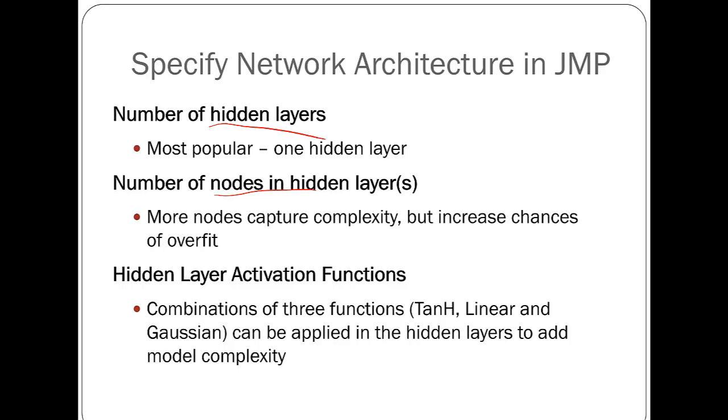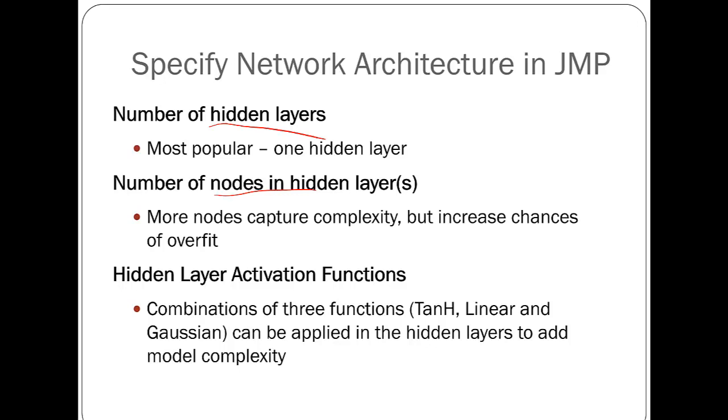One is to use the same number of nodes as you have predictor variables to start with, and then try models with a little more or a little less and see where you end up with your misclassification or error rates in the validation set. Usually the more complex your model, the better the chances are of overfitting, so you don't want to do that.